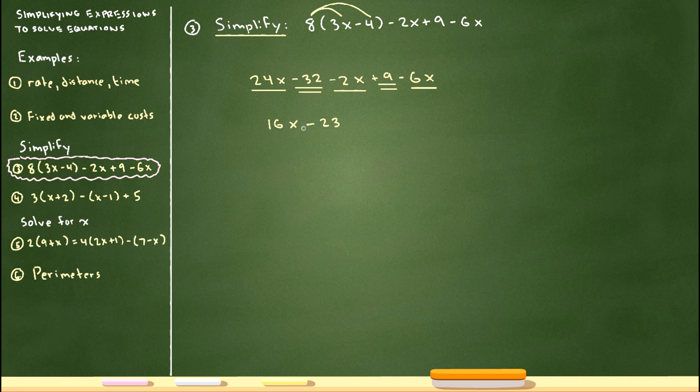So this expression here simplifies to 16x minus 23. Now the reason we want to know how to simplify this, first of all, it's a good exercise to understand what the directions are telling you to do. It's also going to be beneficial when we go to solve problems like number 5, where we have to simplify, maybe work with one side at a time and simplify this before we try to solve the equation.